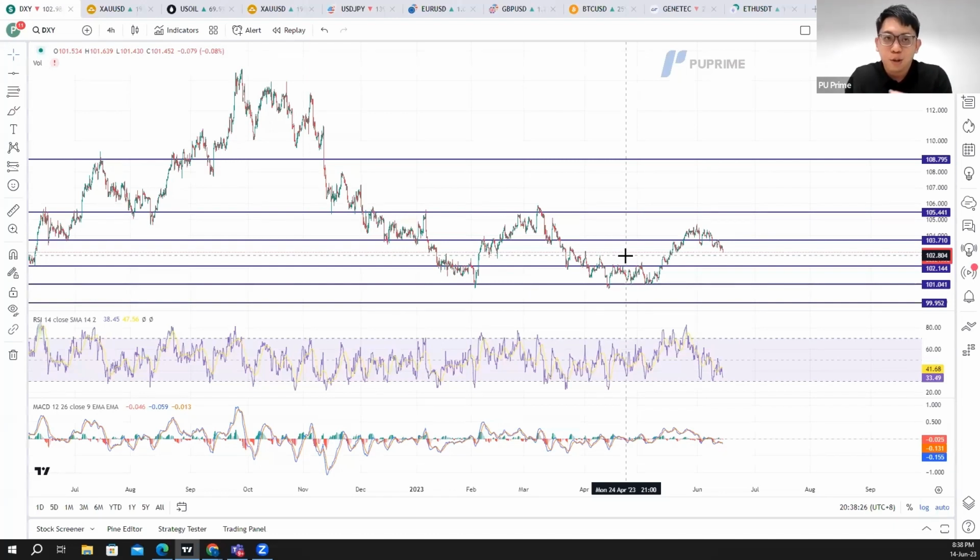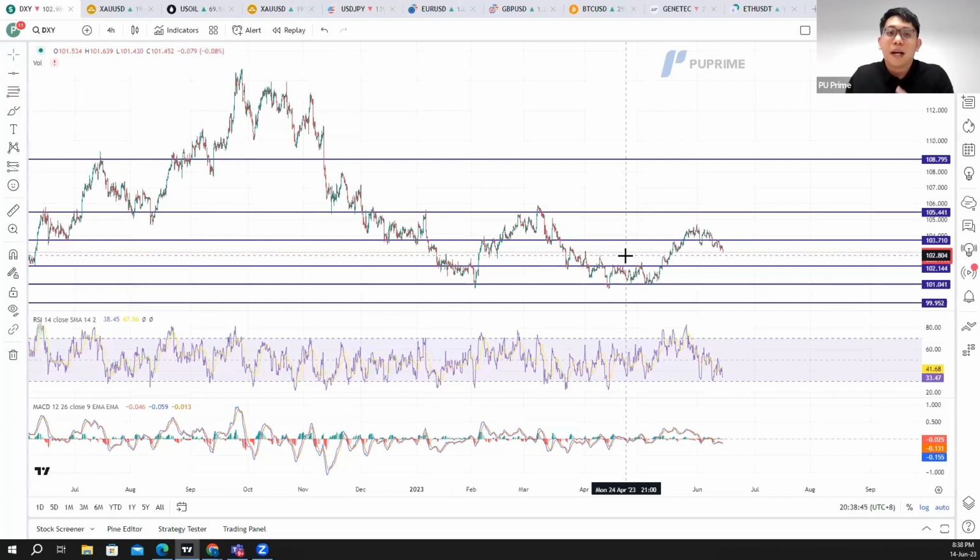So maybe we really do not know what the Fed is going to say later on, what interest rate decision they are going to make. Okay, but let's say the Fed says, okay, here this is it. We're going to pause the rate hike, and we are not going to increase interest rates from now on, ever.